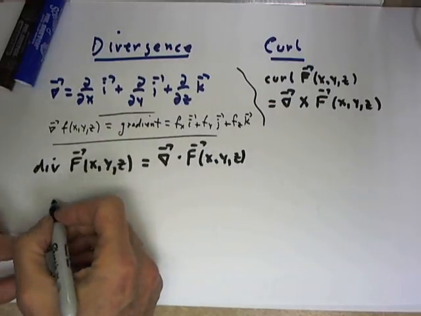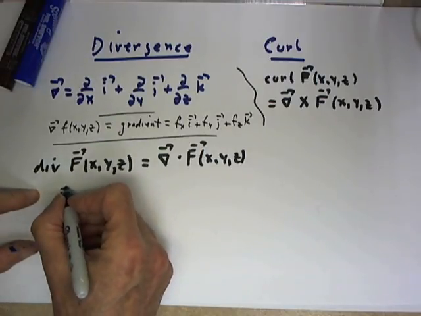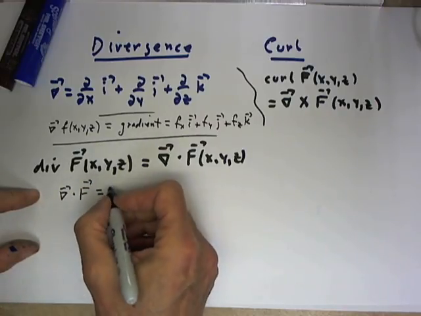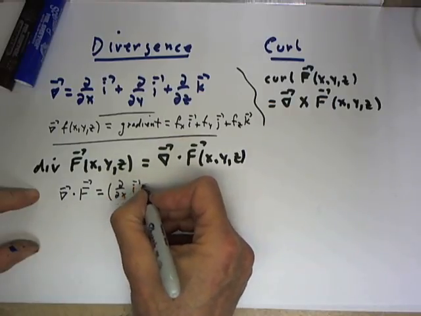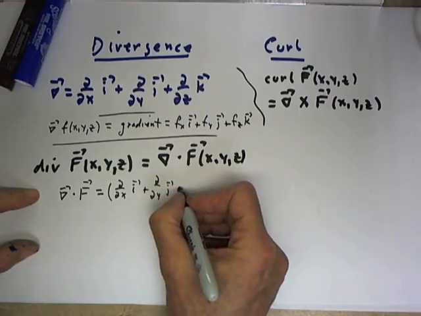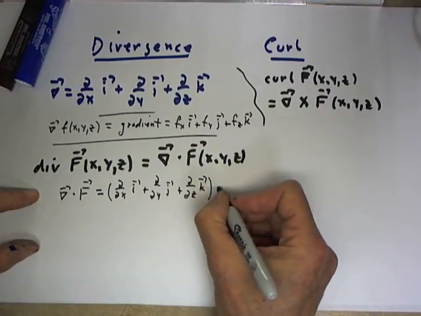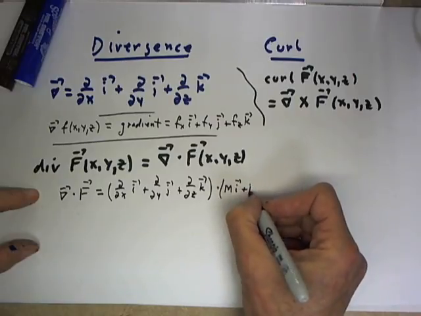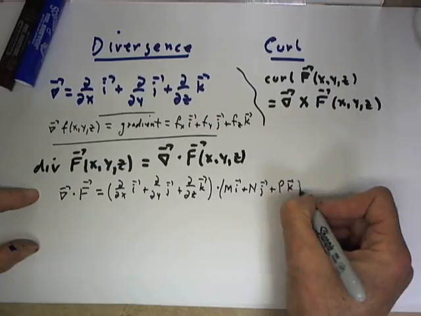So we can make sense of that by simply writing out the del operator and the typical representation of f, and that's going to be partial with respect to x, i, plus partial with respect to y, j, plus partial with respect to z, k, dotted with m i plus n j plus p k.